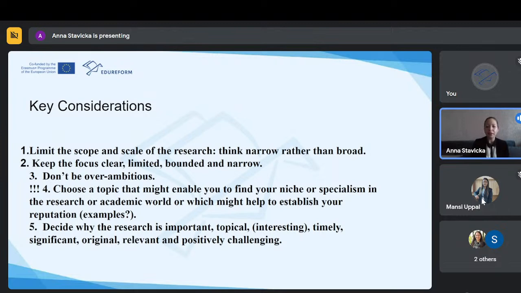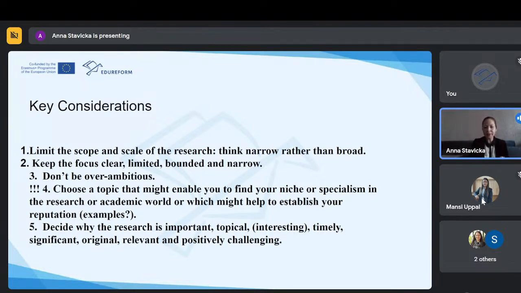So what does it mean? Most probably you understand what it means, but my experience shows that establishing the niche, your own topic, your area, is very important for your future when you, in the ideal case, will become a prominent researcher in the field, and your field of expertise will be clear.